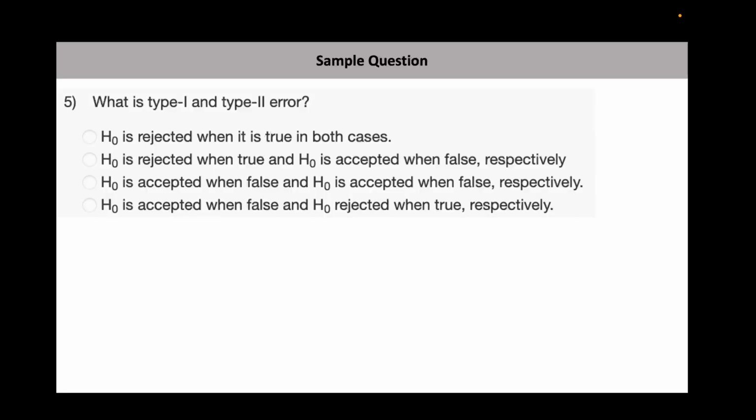Your options are: H naught is rejected when it is true in both cases; H naught is rejected when true, and H naught is accepted when false, respectively; H naught is accepted when false in both cases; and H naught is accepted when false, and H naught is rejected when true, respectively. If anyone knows the answer, you can write it in the chat box.